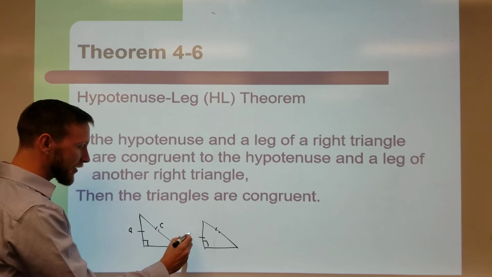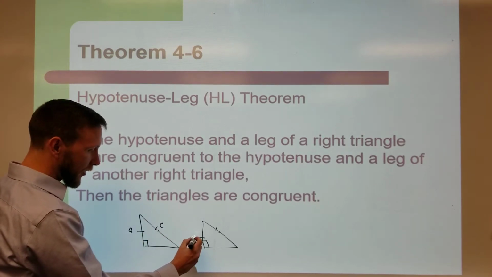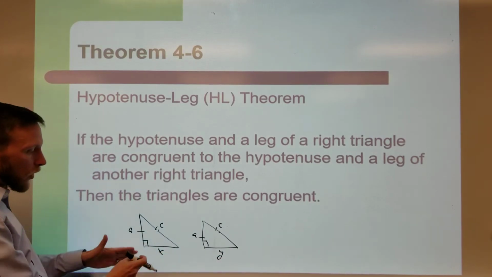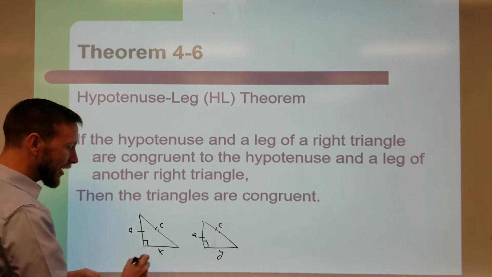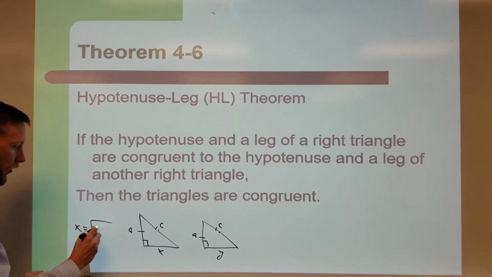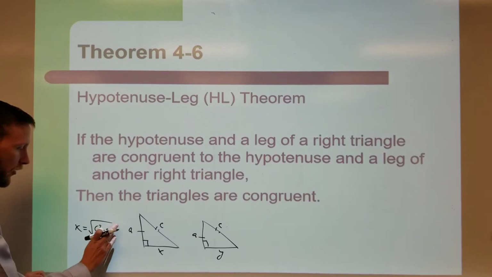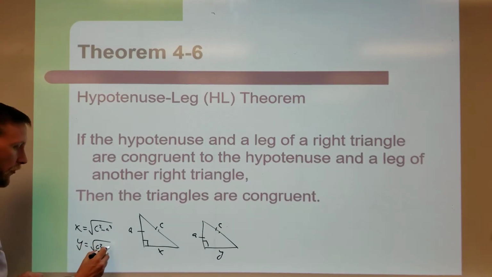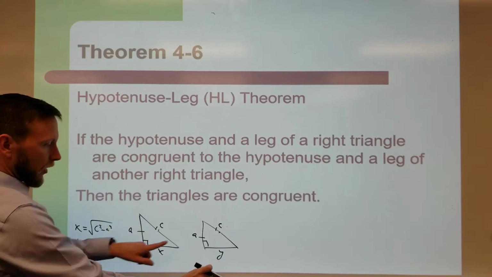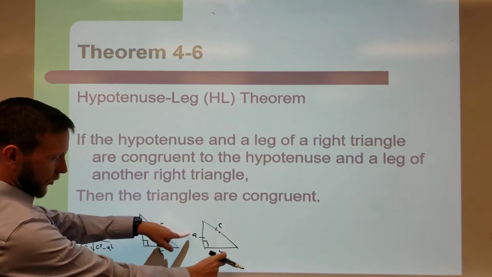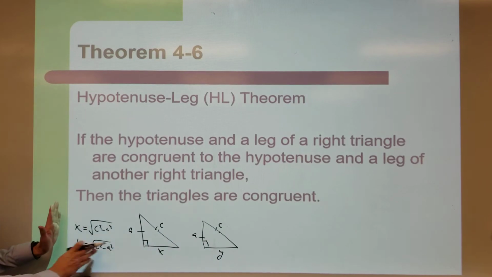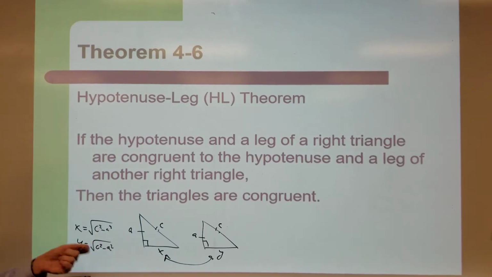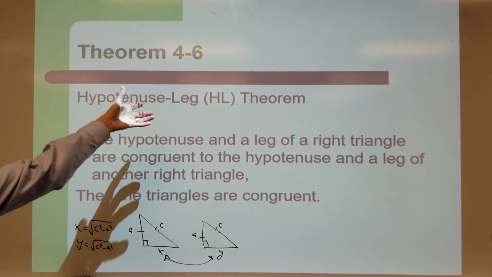If this is a and this is c, and this is the same length and this is c, then to find x and to find y, we're going to use the Pythagorean theorem and basically find out that x is equal to the square root of c squared minus a squared, whatever c and a are, and y is going to equal the same thing, the square root of c squared minus a squared. All right? Taking a squared plus y squared equals c squared, subtract a squared from both sides, take the square root on both sides. All right, so I did some algebra there. But basically, these are equal to the same thing, so these lengths have to be equal to each other. Essentially that is the proof of this theorem.